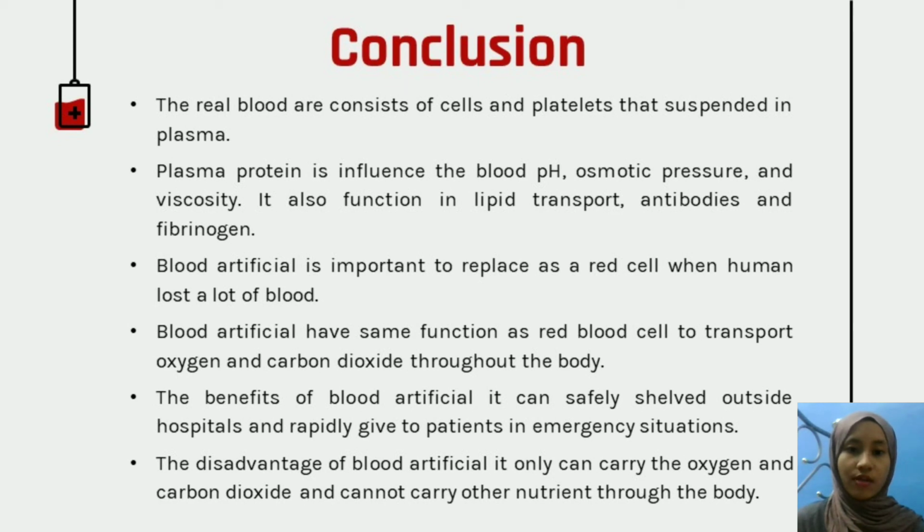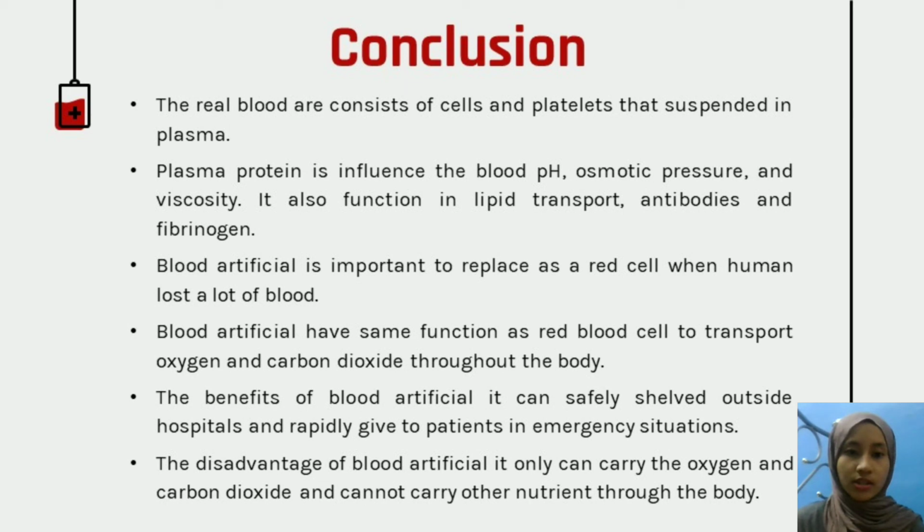Artificial blood has the same function as red blood cells to transport oxygen and carbon dioxide throughout the body. The benefit of artificial blood is that it can be safely shipped outside the hospital and rapidly given to patients in emergency situations.